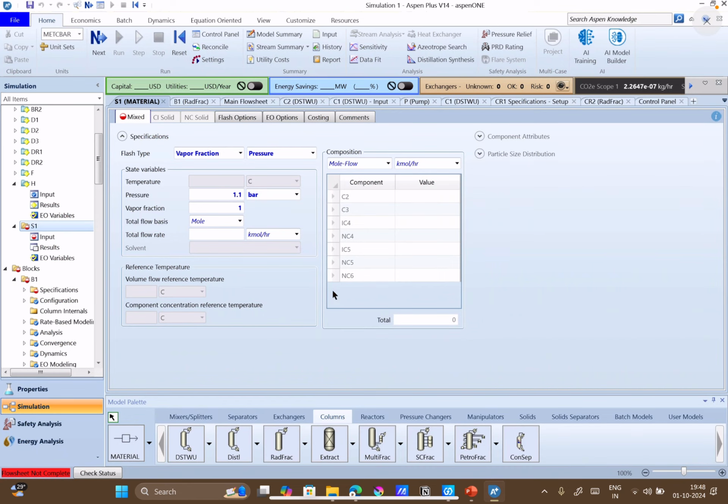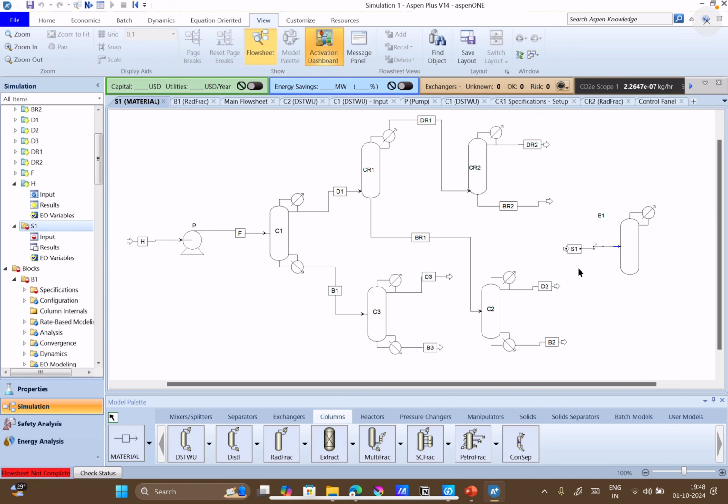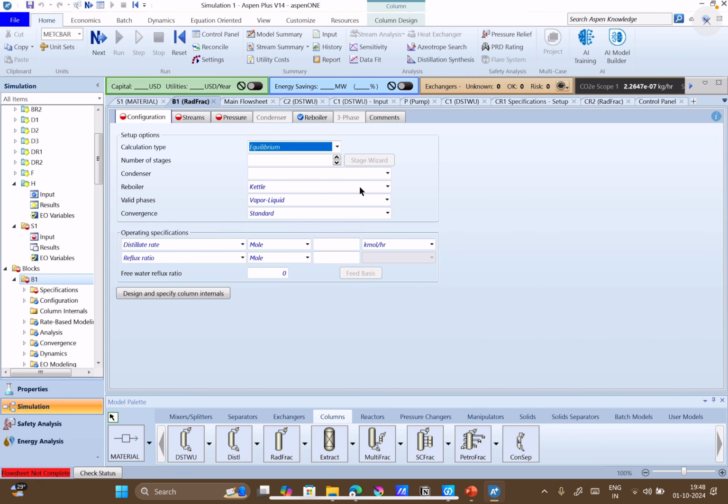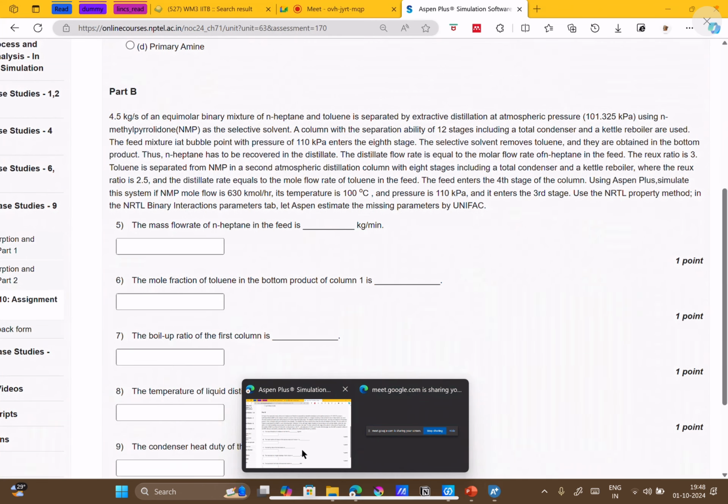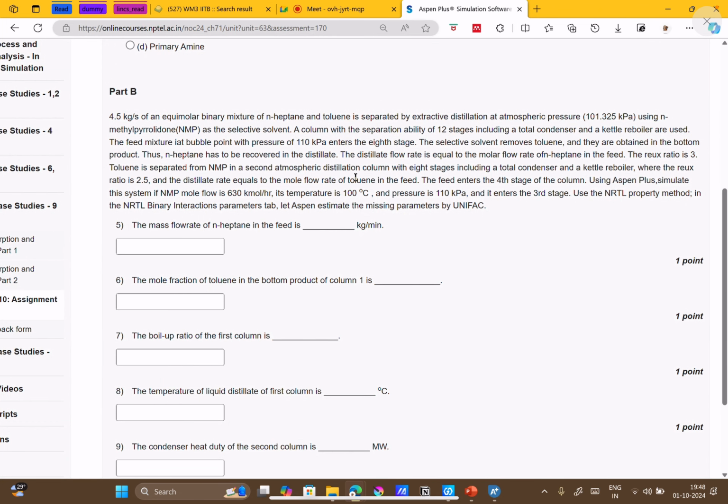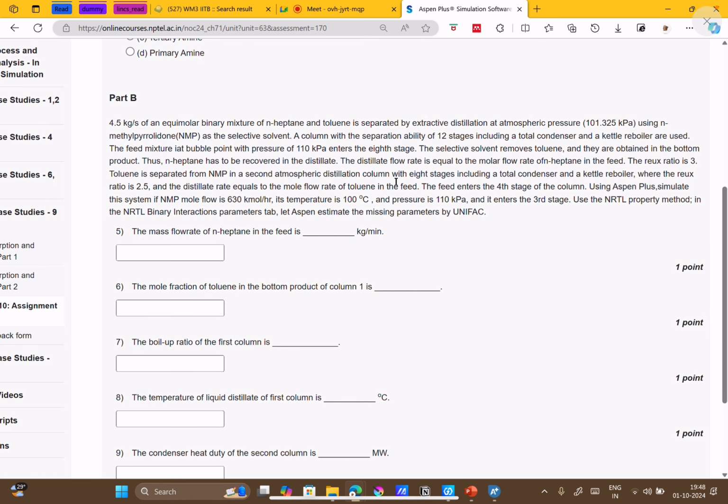So for the reactive distillation column, what else will you need? The reactive distillation column, 12 stages, kettle reboiler, location.